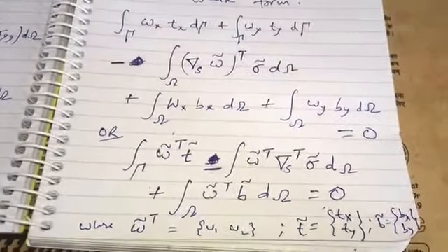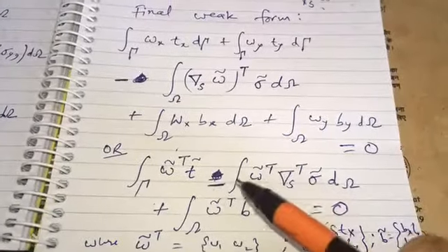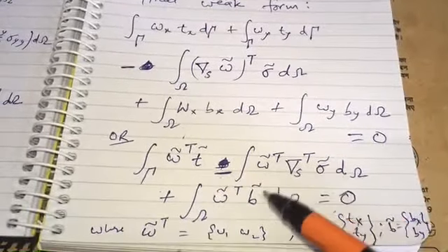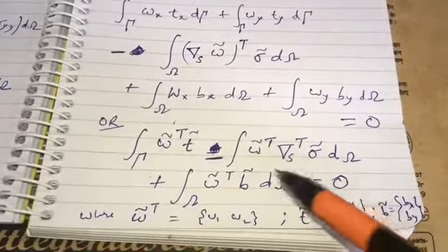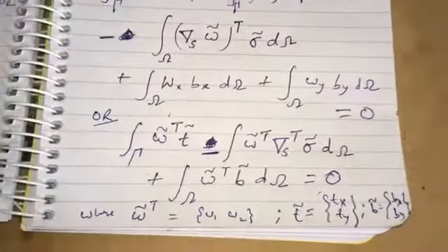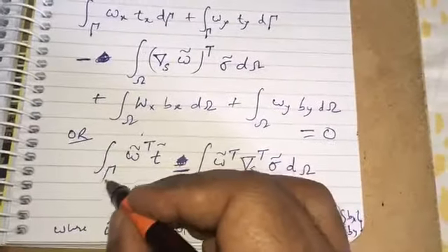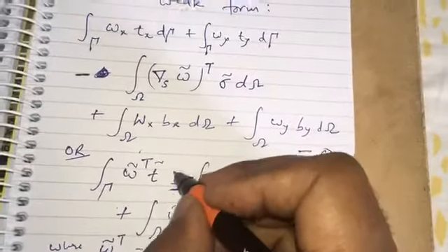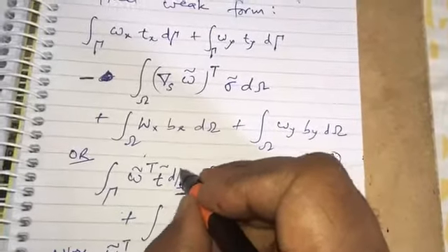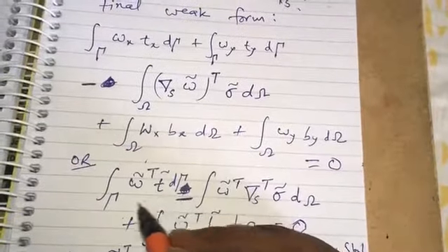The other symbols have the usual meaning that we have defined earlier. Let's check it again. So this is gamma, so it has to be integrated over the whole gamma, so d gamma will be here.